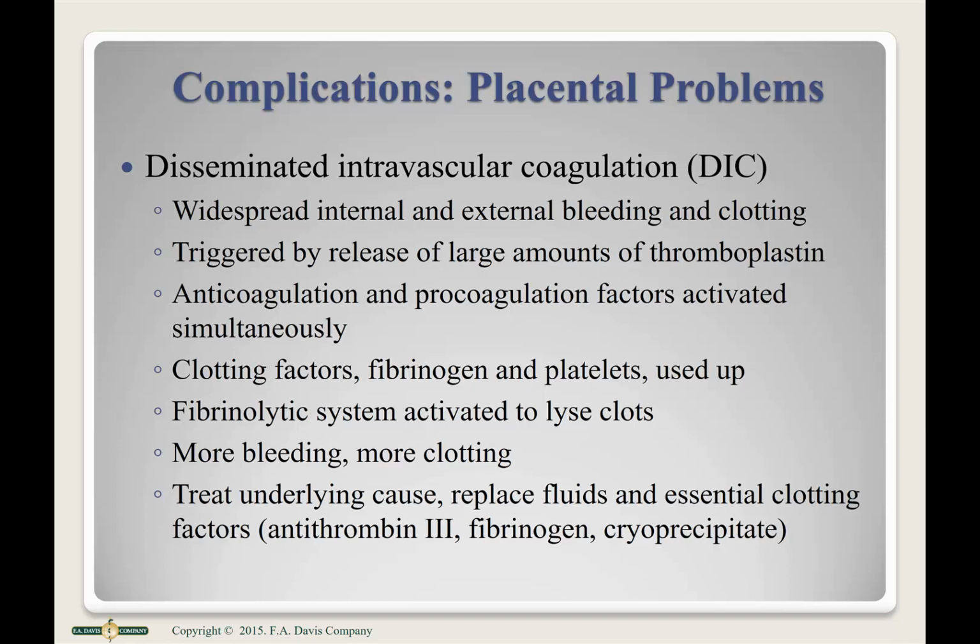So this is a very fatal syndrome that needs to be corrected immediately. We've got to treat, one, what is causing this bleeding. We've got to get that under control. We're going to have rapid and massive fluid replacement, and then we're going to need to give blood products.